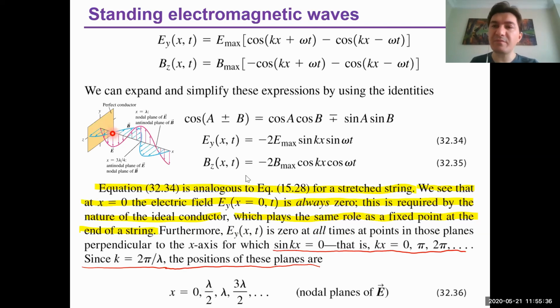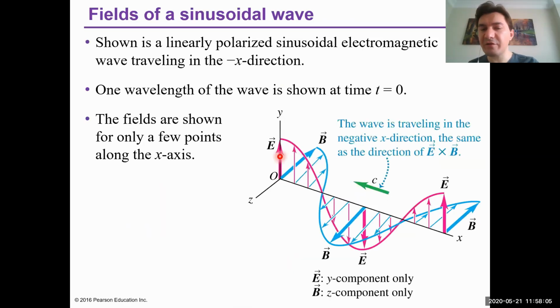So remember the sinusoidal electromagnetic waves. Let me go back. In sinusoidal waves, the electric field and magnetic field are in phase, okay? When the electric field is maximum, B is also maximum. When the electric field is minimum, the magnetic field is also minimum, okay? It goes like this. There is no phase difference in between.